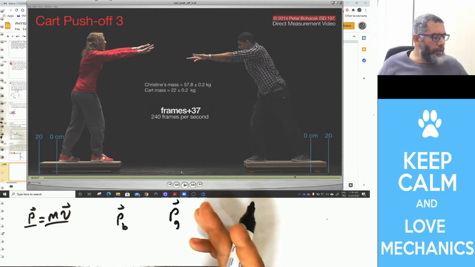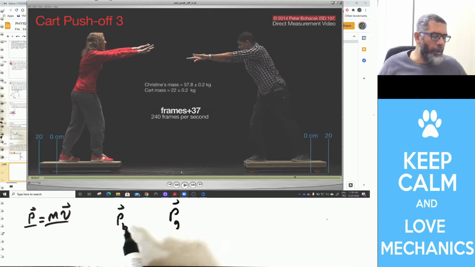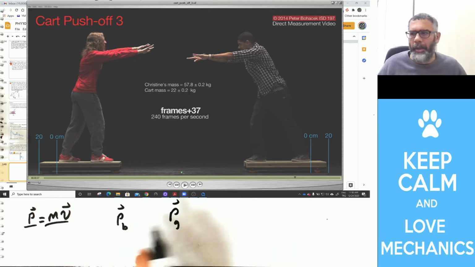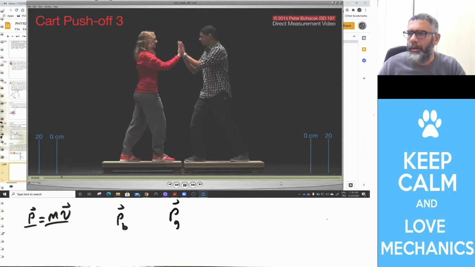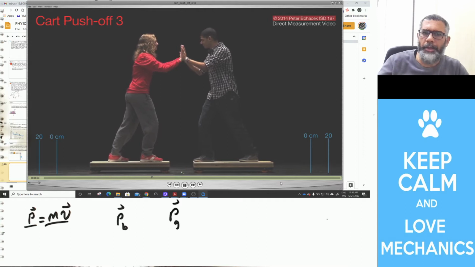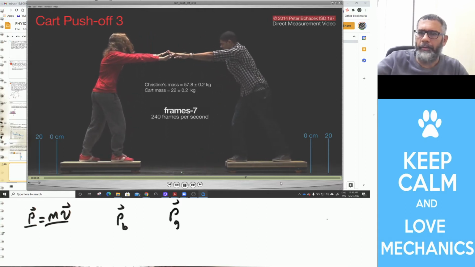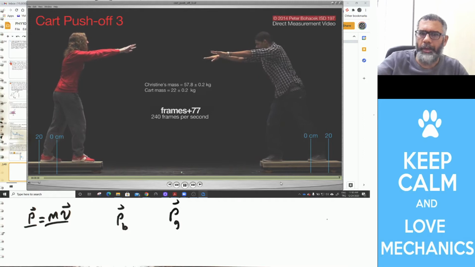During their interaction, of course, the individual momentums of the boy and the girl may change, as you see here. Initially they are not moving, they have zero momentum, but when they interact with each other, they move, so they have some momentum. Their velocities and momentums are changing while they push each other.